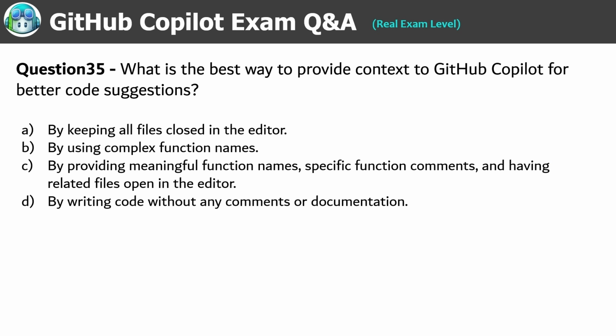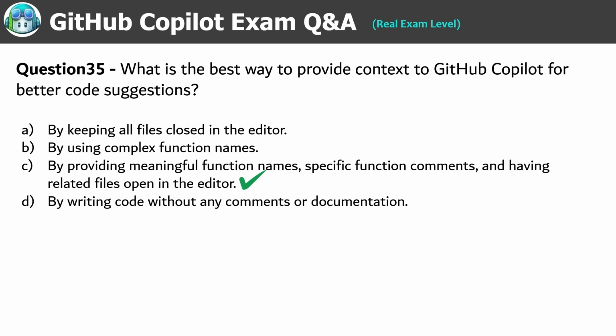Question 35. What is the best way to provide context to GitHub Copilot for better code suggestions? And the answer is by providing meaningful function names, specific function comments, and having related files open in the editor. You got it right. You have to provide the meaningful function name and also the comments regarding what you are planning to change, right?